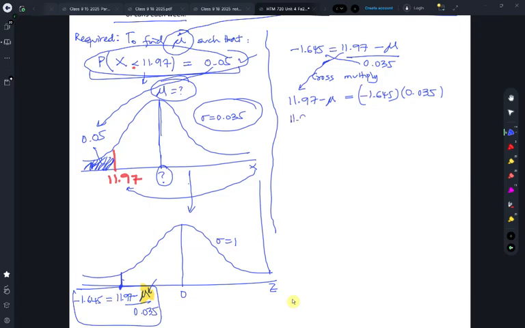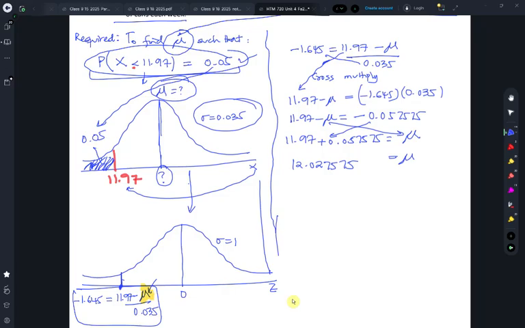So 11.97 minus the mean is negative 0.057575, or 11.97 plus 0.057575 is equal to the positive mean. So our mean is 12.027575.